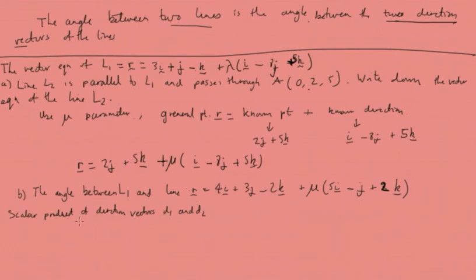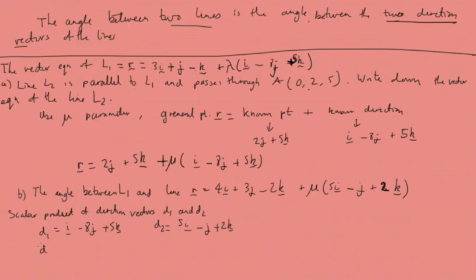So line 1 is this, so D1 is this part here, i minus 8j plus 5k, and D2 is this part here, 5i minus j plus 2k.